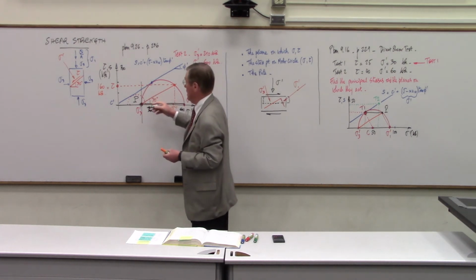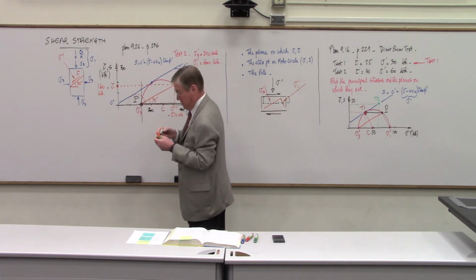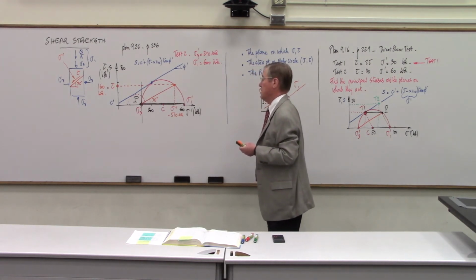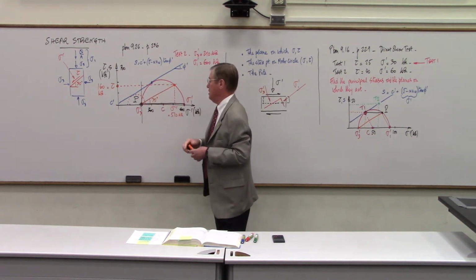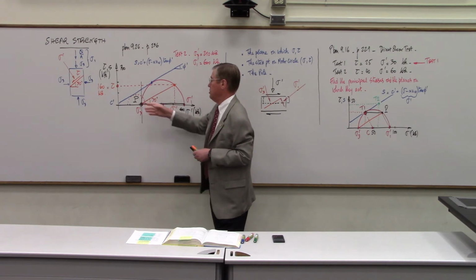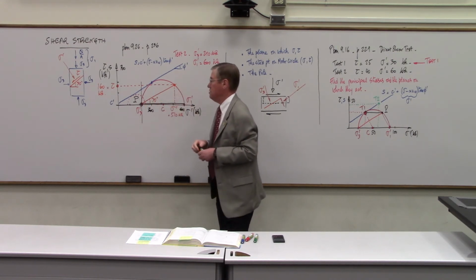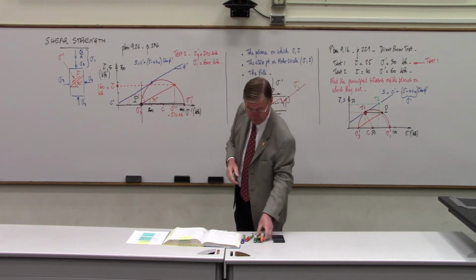In this case, the line is tangent to the circle, so the two intersection points are the same, sigma prime 3 and the pole. That shows that for those two planes, the pole is the same, and I wouldn't have changed the solution to the problem. Okay, so that's two examples of the pole method.